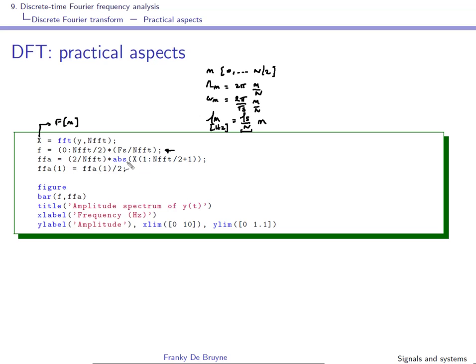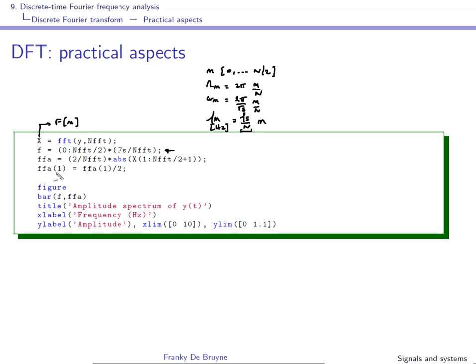Then we have to take the modulus, because these are complex numbers, right? And as we have said, we have to normalize by 2 over N, the N used in the FFT command. And then what we have done is normalized also the DC component, and it should not be normalized.